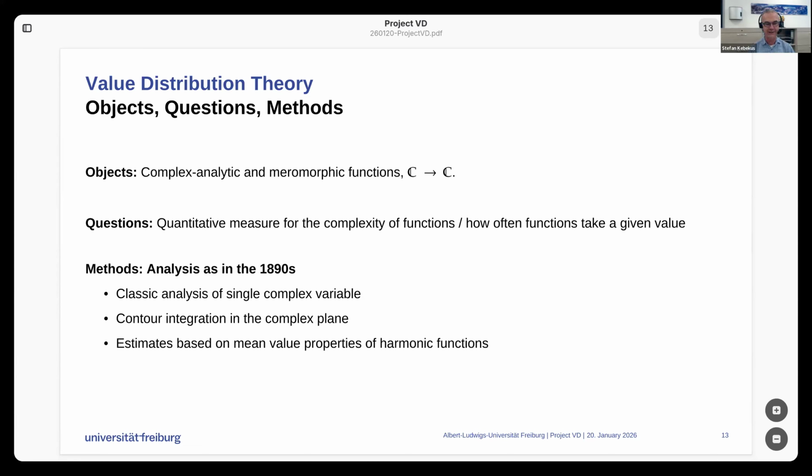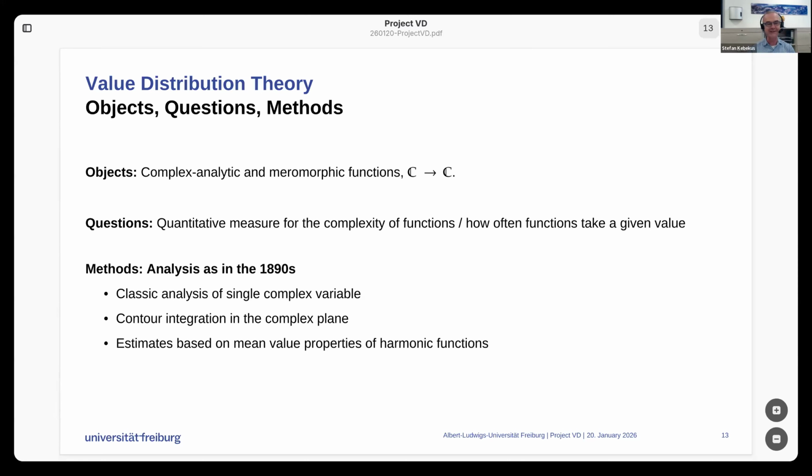So classic analysis, single complex variable, harmonic functions as well. There's a lot of contour integration, circle integrals in the complex plane, and then estimates built out of this using the mean value property of harmonic functions.